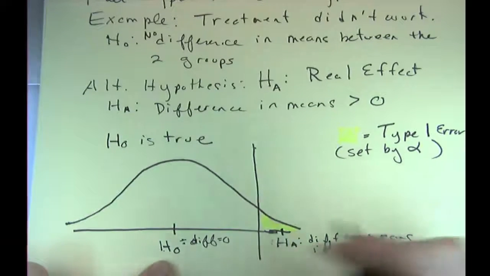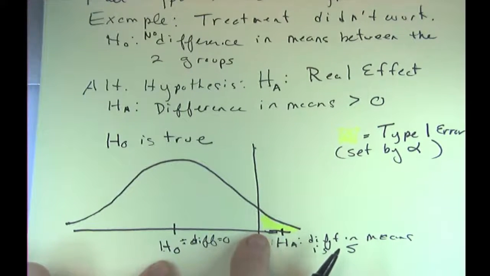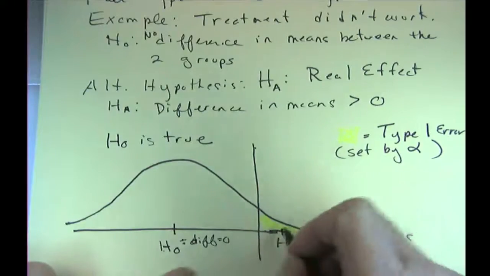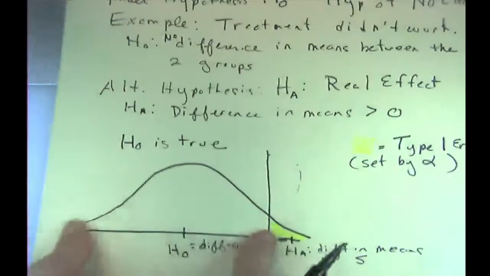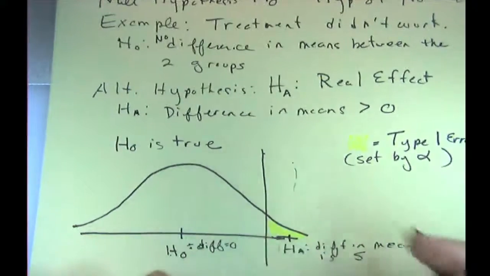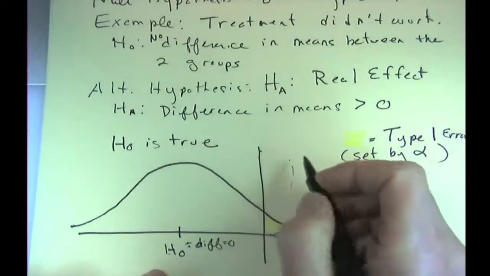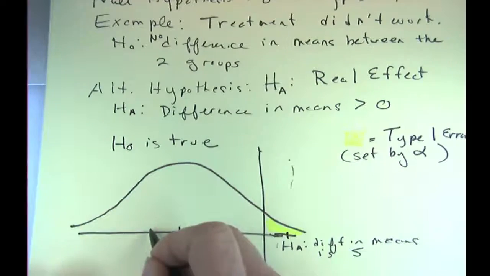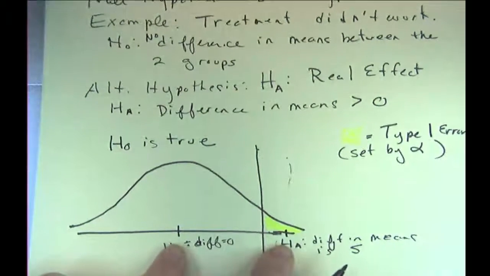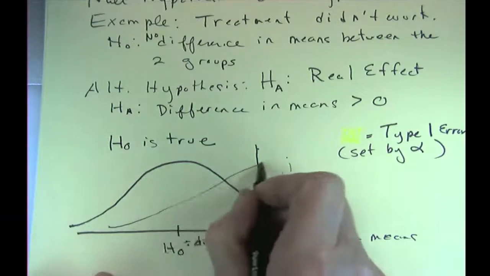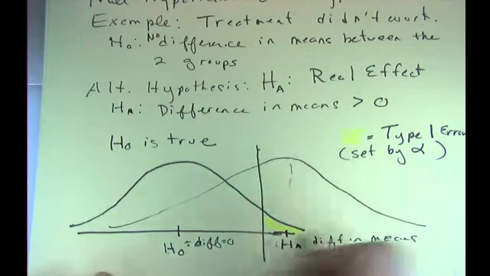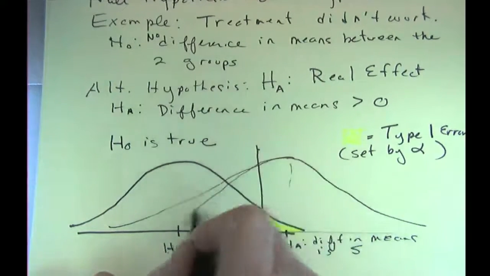So that would be my particular alternative hypothesis, and then I'd have a distribution centered at that. And it would probably follow a very similar distribution. Let's say it has the same shape, it's just shifted over by 5 points. I didn't draw it very well, but you get the idea.